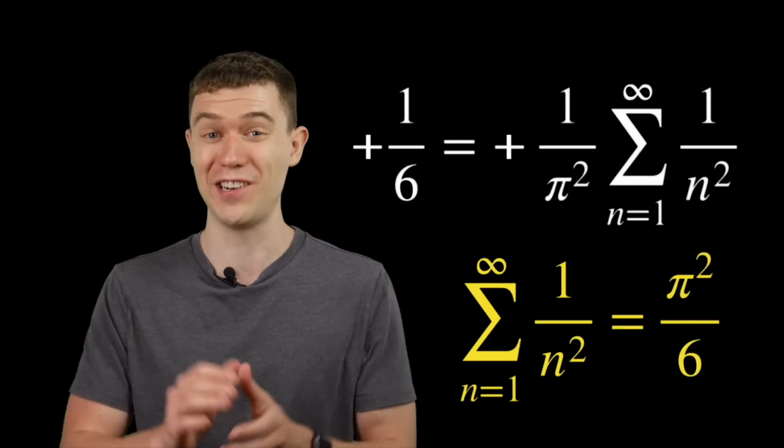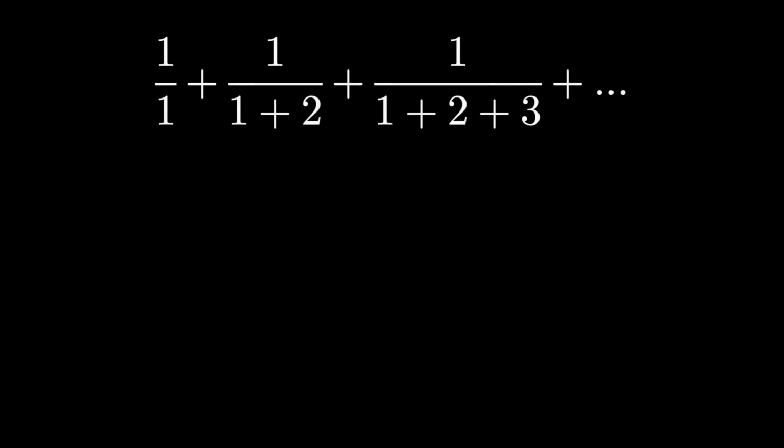It's pretty incredible. What's 1 over 1 plus 1 over 1 plus 2 plus 1 over 1 plus 2 plus 3, so on forever? This problem feels very reminiscent to the sum of the first n natural numbers, 1 plus 2 plus 3 plus 4 all the way up to n.